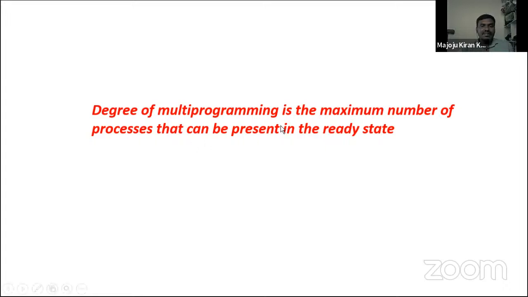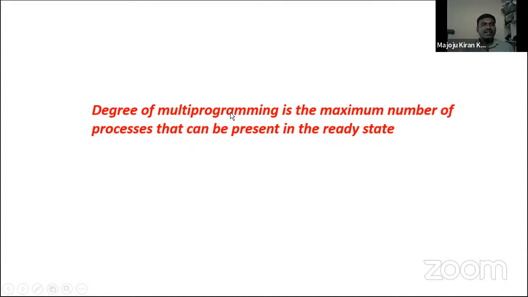What is the degree of multi-programming? It is the maximum number of processes that can be present in the ready state, that is, the maximum number of processes loaded into main memory and present in the ready state.